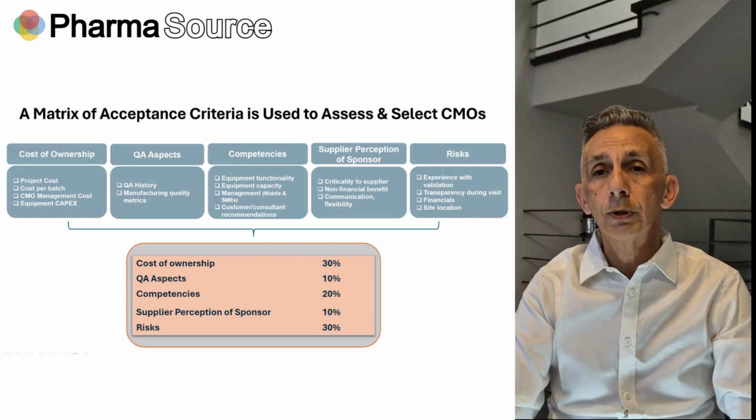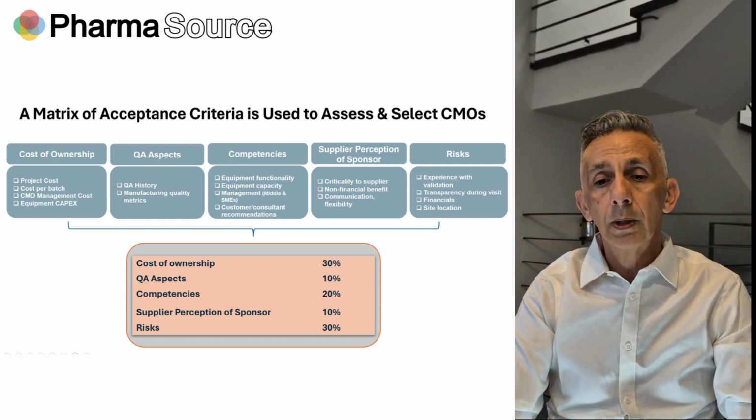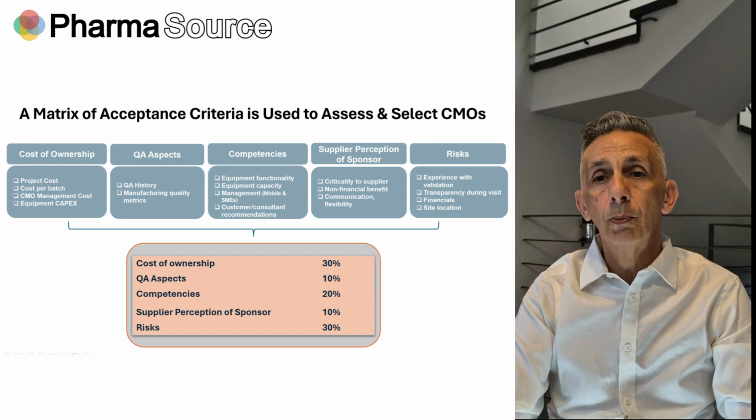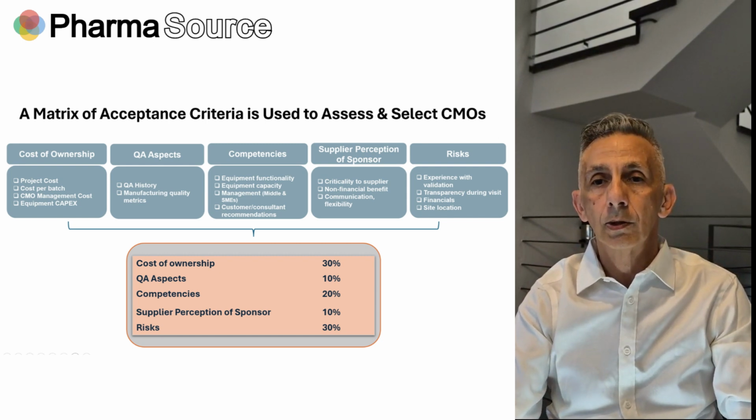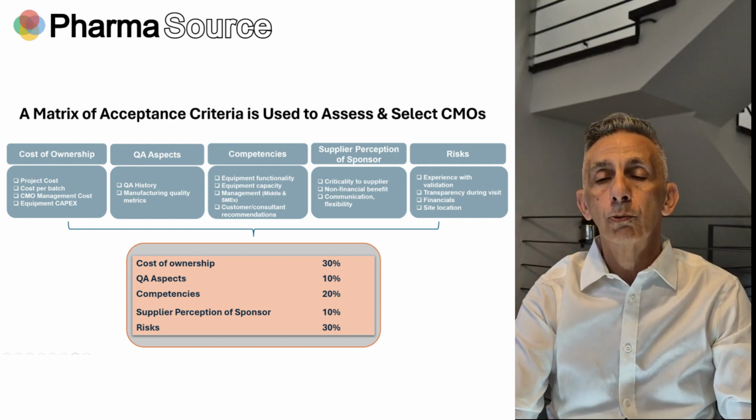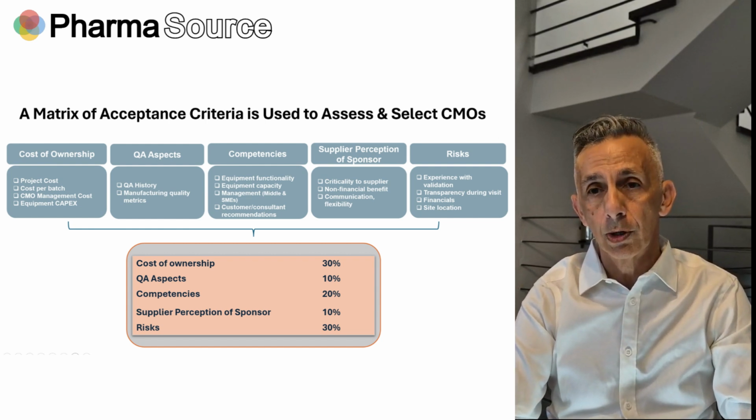So those different acceptance criteria will be built in, and we will provide for each of these acceptance criteria a weight, a certain percentage that we believe is critical for the process.